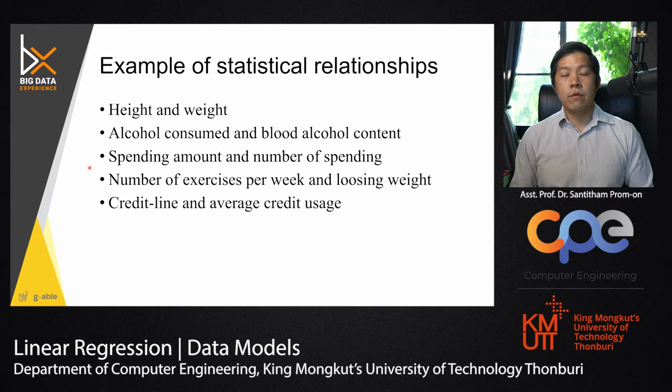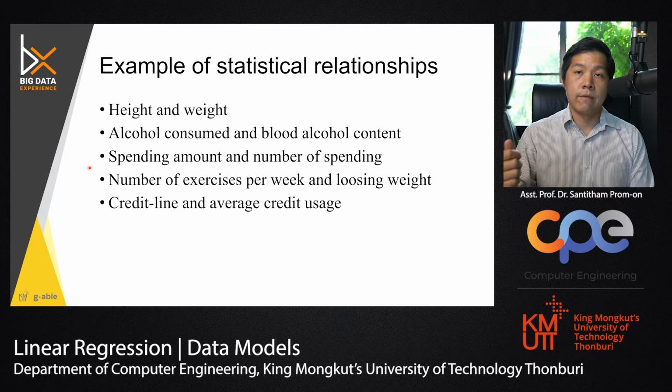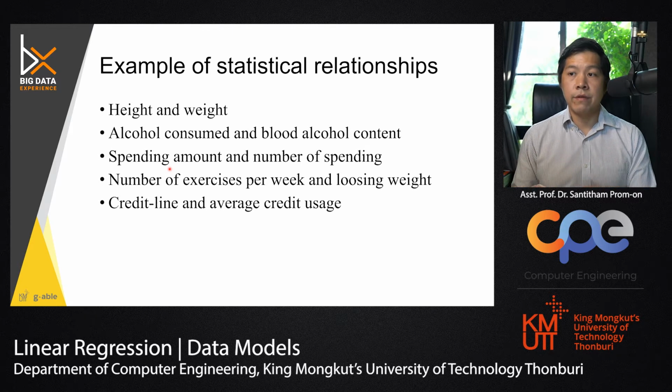Think about if you were a bank and you are measuring the types of data that customers might use the credit card for. You might plot the graph between the spending amount, the amount of money spent each time, and the number of spendings of each customer, or the spending amount can be the average spending amount of that customer or the total spending amount. Plotting them both will allow you to see behavior in terms of the frequency of spending and the monetary part, the total amount of spending.